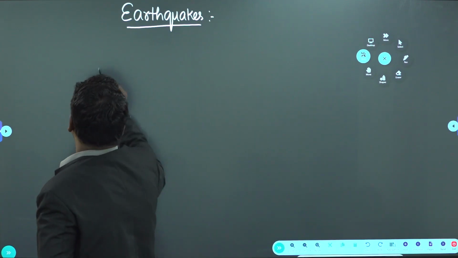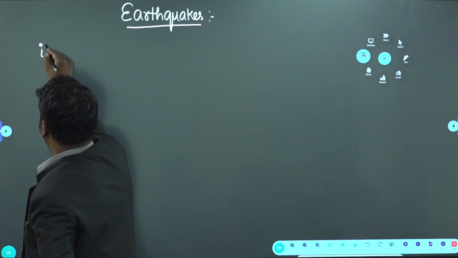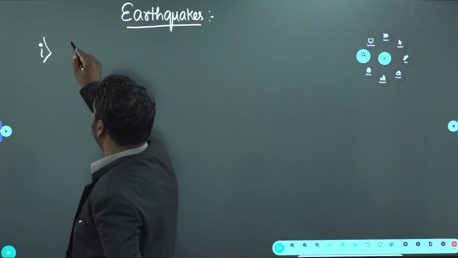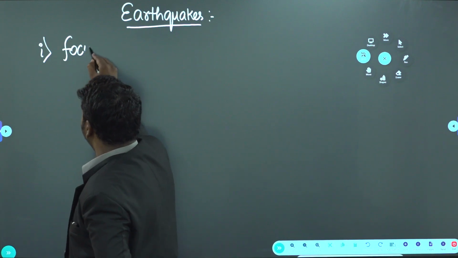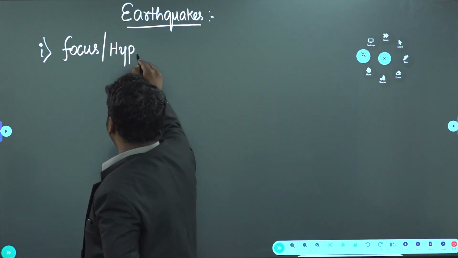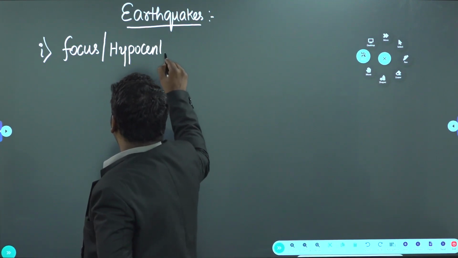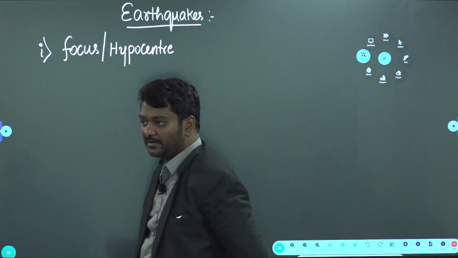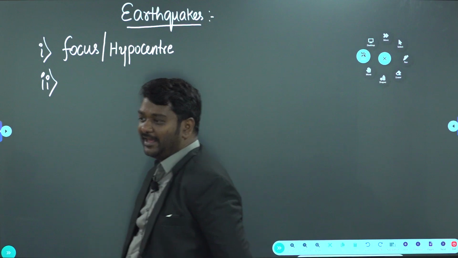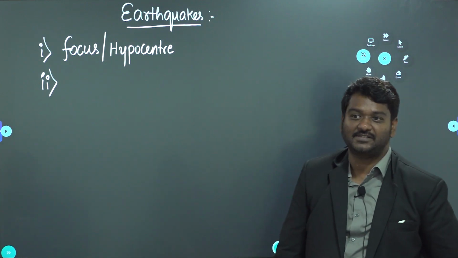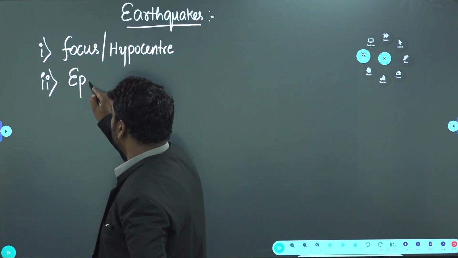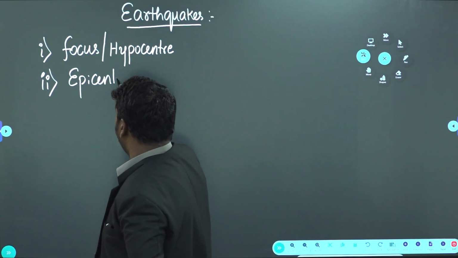First, the place where energy is released is known as focus or hypocenter. Second, the place where energy reaches first near the surface is called what? Epicenter.